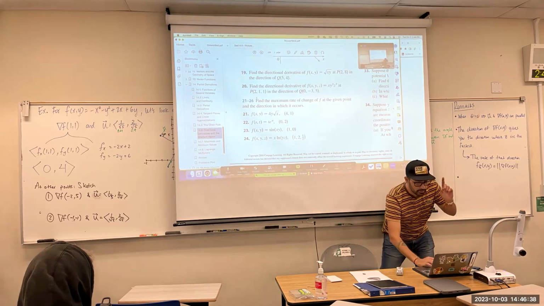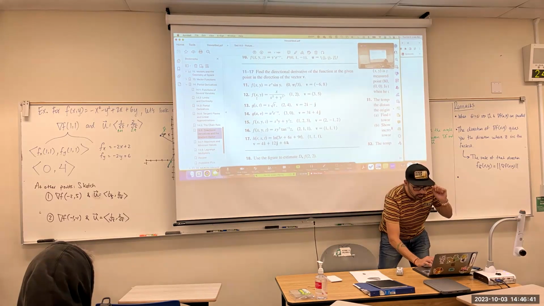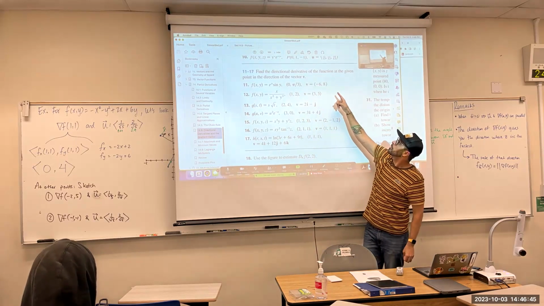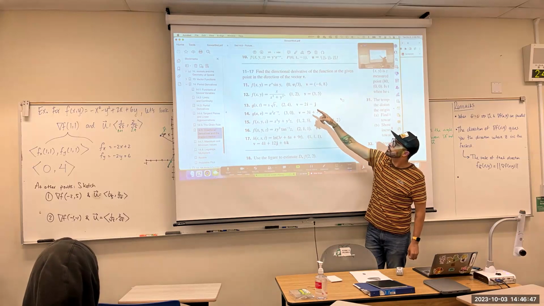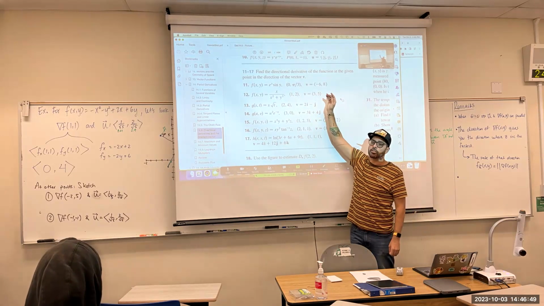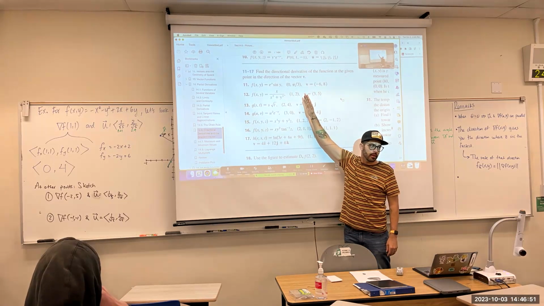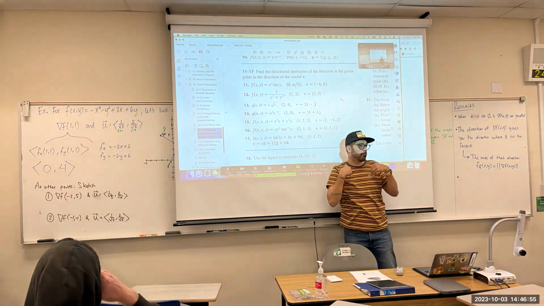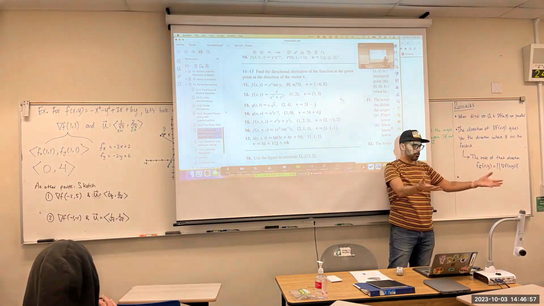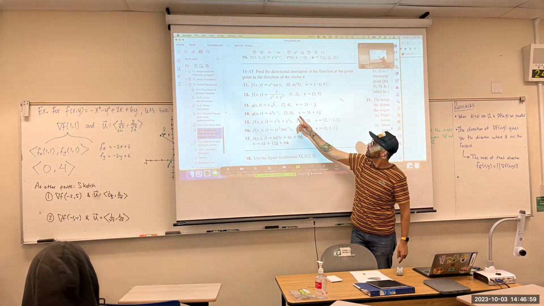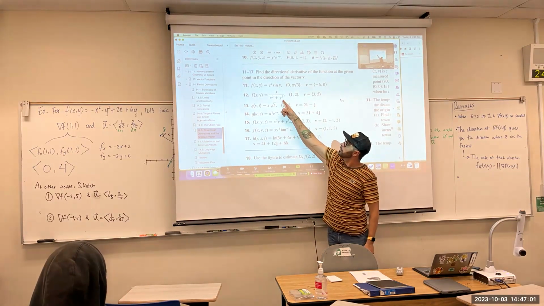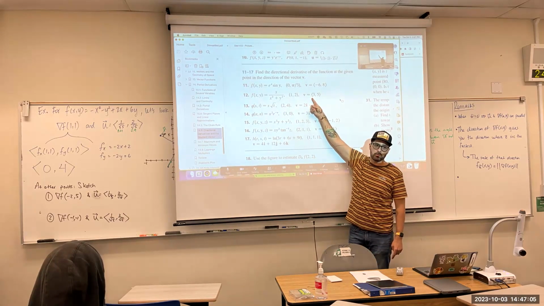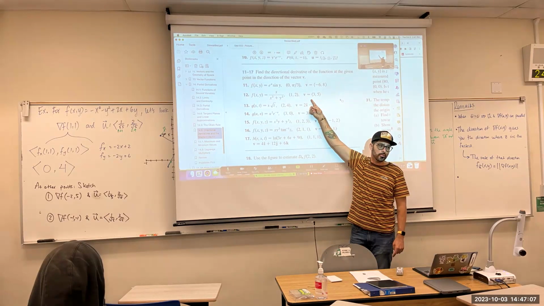That's a different question compared to these ones. It says, find the directional derivative of a function at a given point in the direction of a vector v. See how this one's not asking anything about maximal rate of change? It's just saying find the rate of change, the directional derivative. So let's say you have to do this problem. It gives you a function, a point, and a vector.